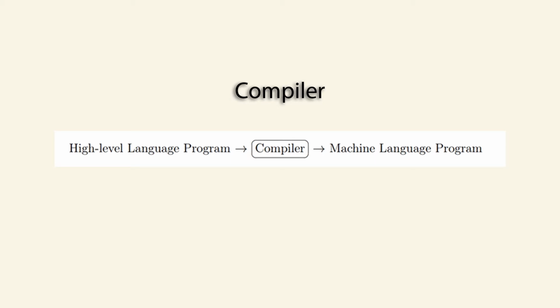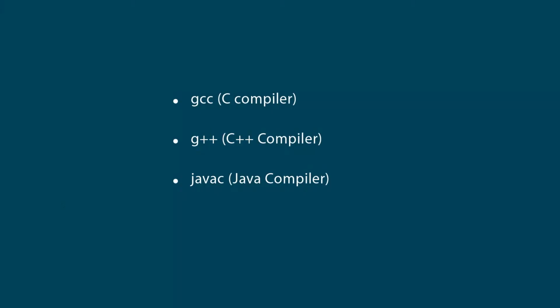The compiler performs almost all of the following operations during compilation: pre-processing, lexical analysis, parsing, semantic analysis, that is syntax directed translation, conversion of input programs to an intermediate representation, code optimization and code generation. Examples of compilers include GCC, the C compiler, G++ for C++, Javac for Java, etc.